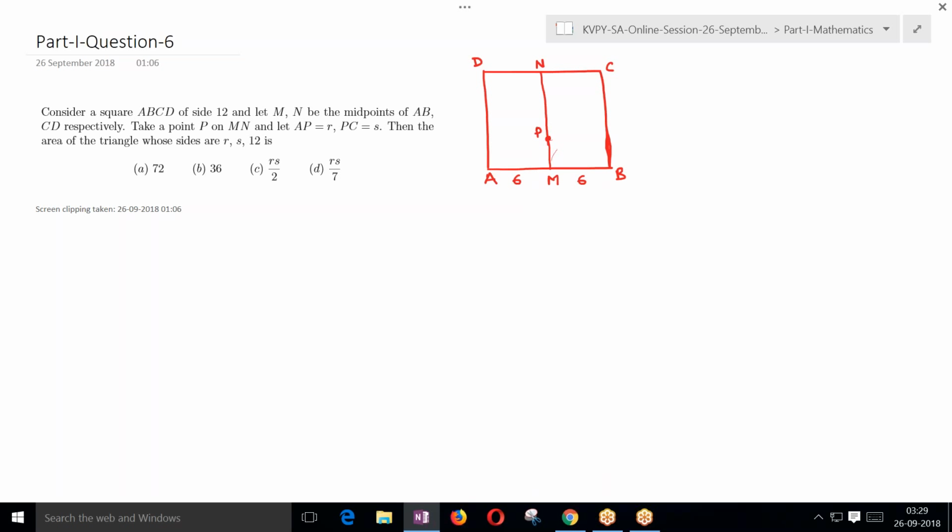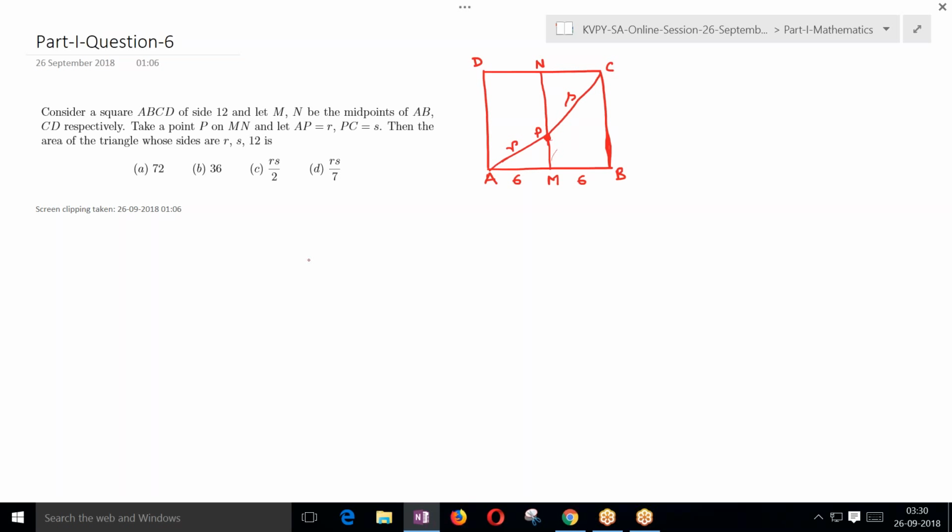And let AP be equal to R. That means if we join this AP, this AP is equal to R and PC is equal to S. Fine.